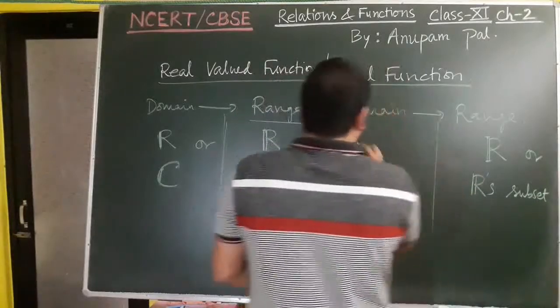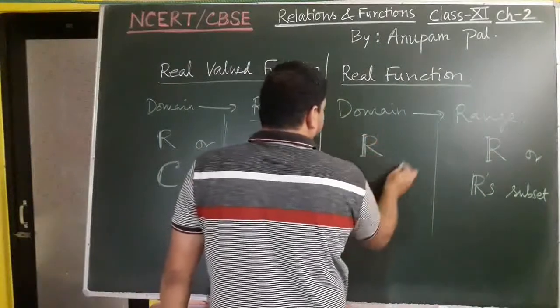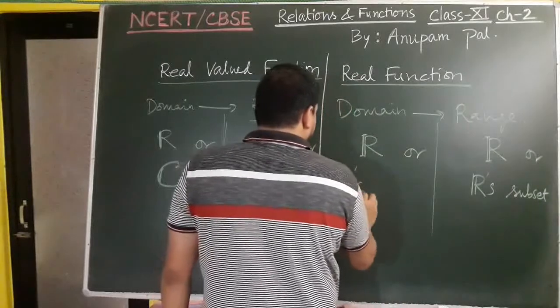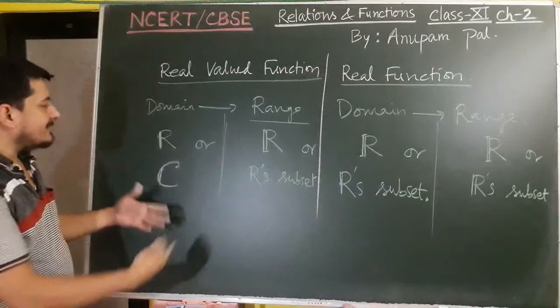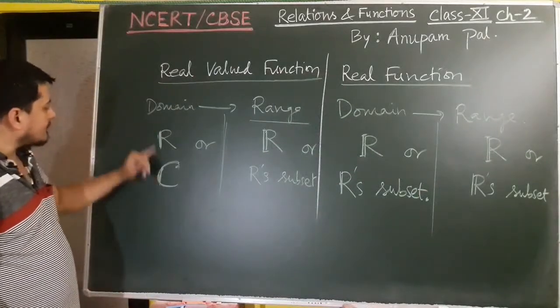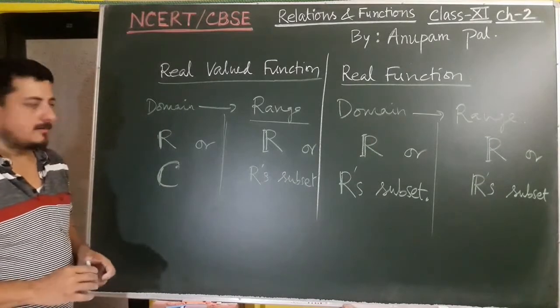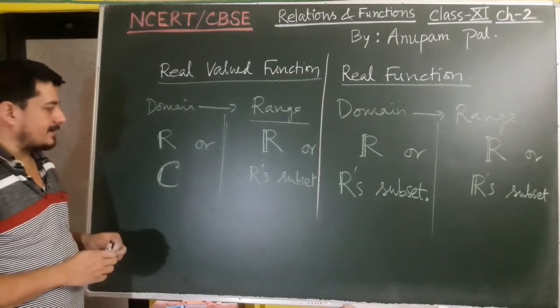And the domain will also be R, the set of all real numbers, or a subset of R. Okay, this is the thing. So only in case of a real valued function can this domain be complex numbers or its subset. That's all.